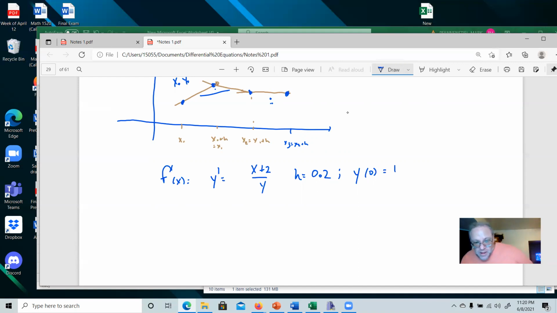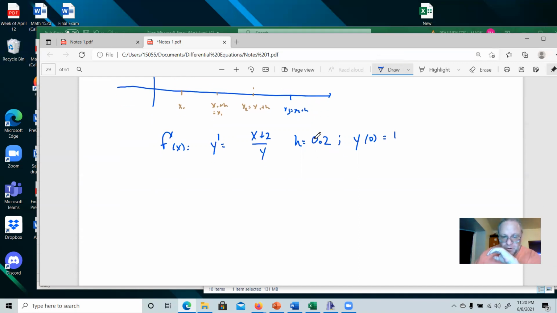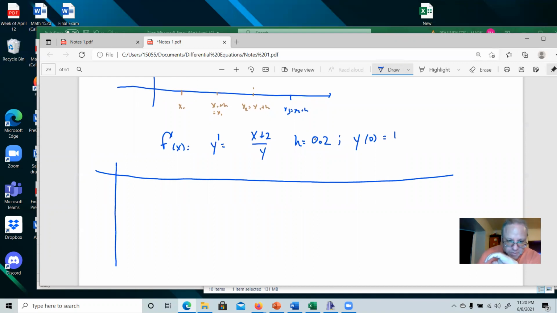Okay, so we're going to build a little chart here. Okay, now I'll put this down. So we have x and a y. Now, some people have learned this earlier, and if you have a slightly different chart, that's fine. They're all equivalent. Okay, and we'll say here's our y prime is equal to, right, x plus 2 over y.